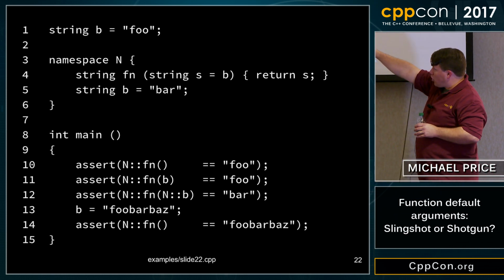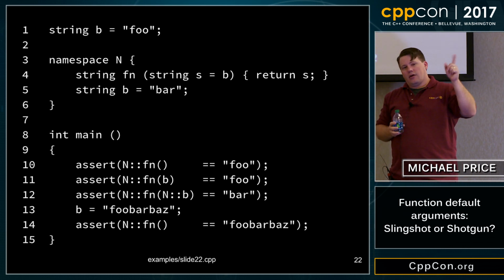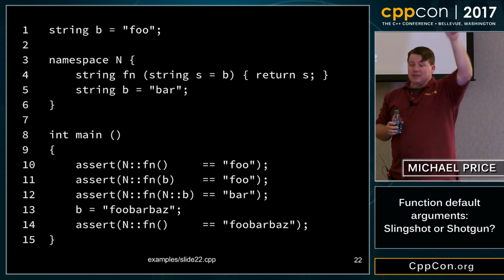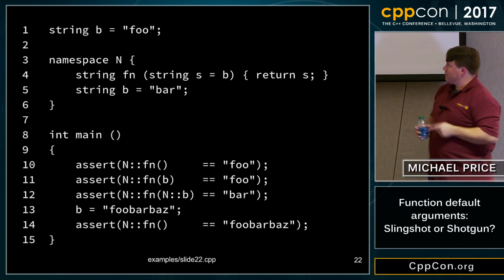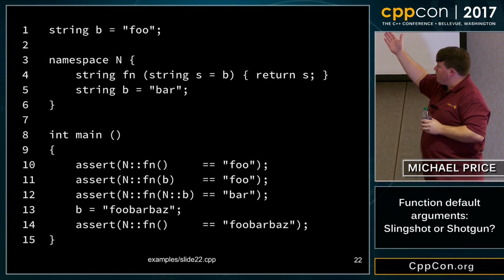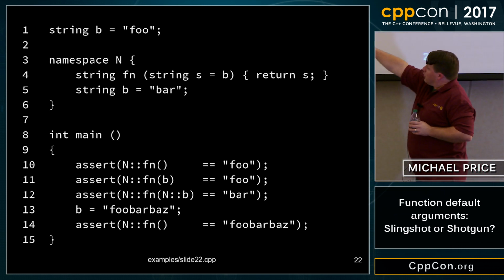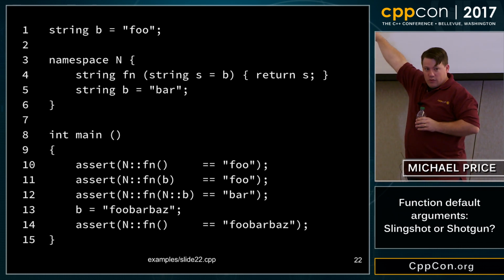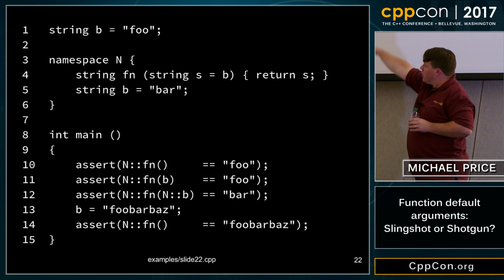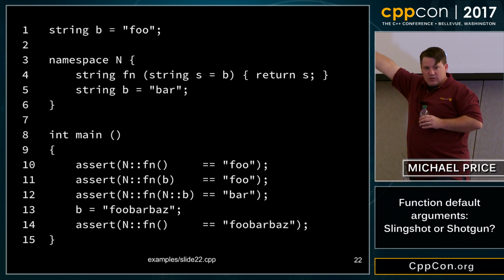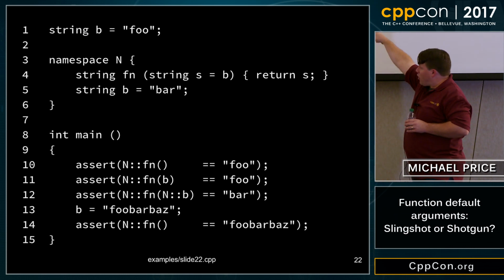So then whenever you actually call it and it's required, he goes, okay, the default argument. Okay, I got it. That's that global b you told me about earlier. And so he's going to use that. So you get foo. Now, if you just say b right there too, you'll get foo, right? Because it's going to find the global one. But you could provide explicitly the namespace n one and get bar.